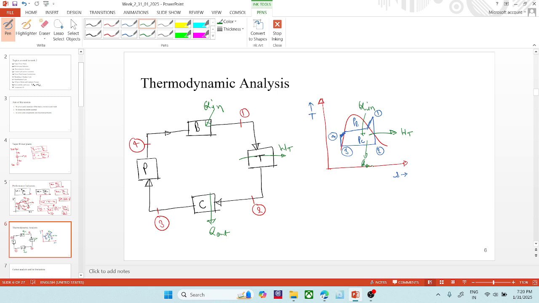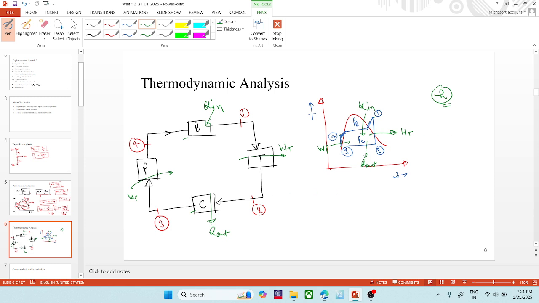And here we have to supply the pump work WP to increase the pressure from the condenser pressure to the boiler pressure. So the thermodynamic analysis is nothing but determining the enthalpy at those 4 points. If we get the values of this enthalpy, we would be able to calculate all the work done, the heat added, and the different efficiencies.